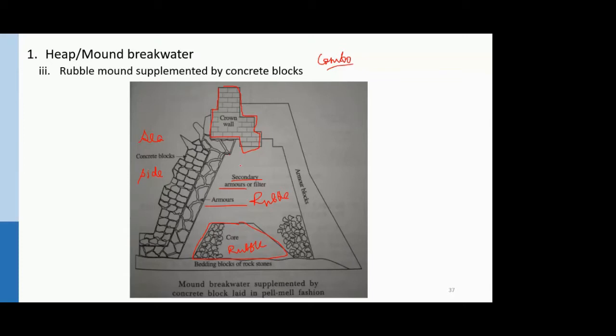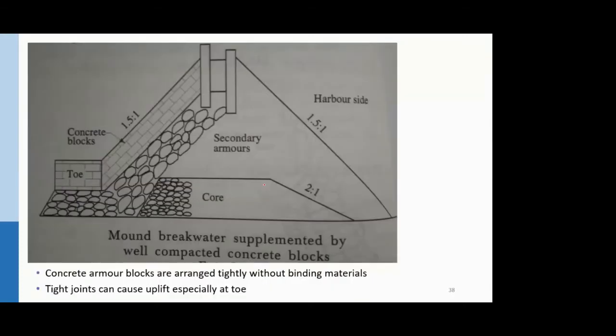So this is a proper combination you can have of rubble and concrete. And this is another variation in that itself, where you have a core, you have an armor, and then you have the concrete blocks which are placed on the sea side.